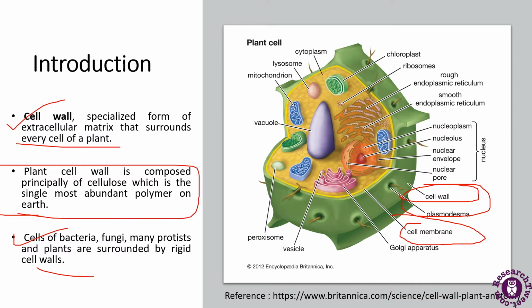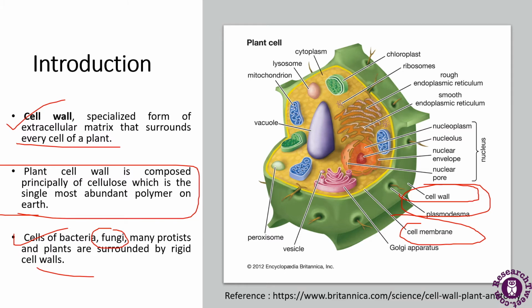The cell wall of fungi is made up of chitin, which is a derivative of glucose and is found in the exoskeletons of arthropods. So this was about the fungi.